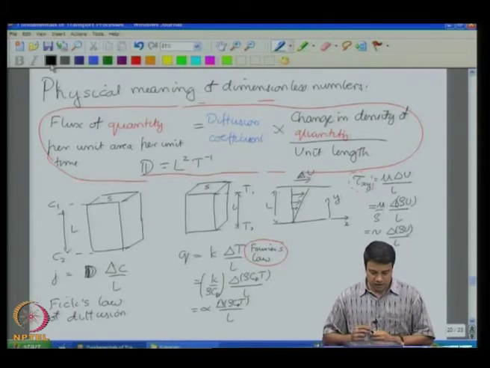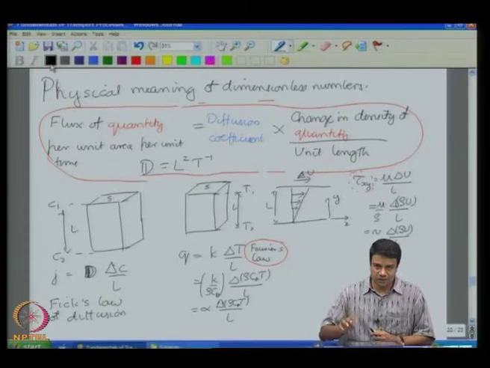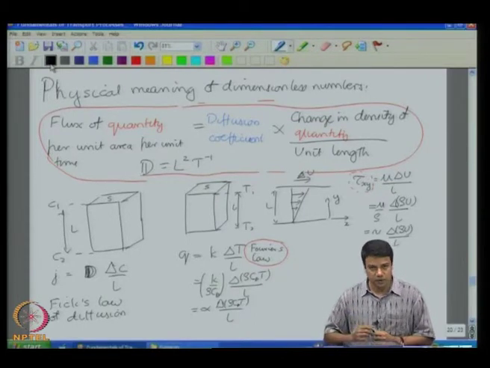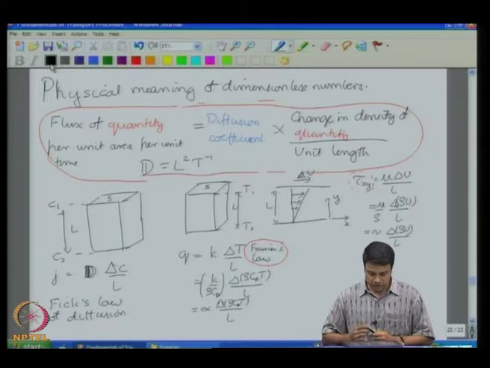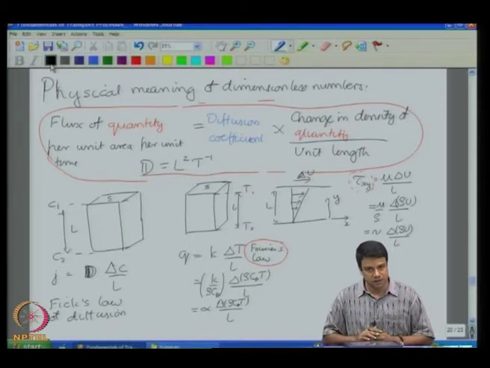Now, in my diffusion equation, I said that the flux of a quantity per unit area per unit time is equal to a diffusion coefficient times the change in density of that same quantity, that is, quantity per unit volume, per unit length. So, in this case, the density is the energy density.